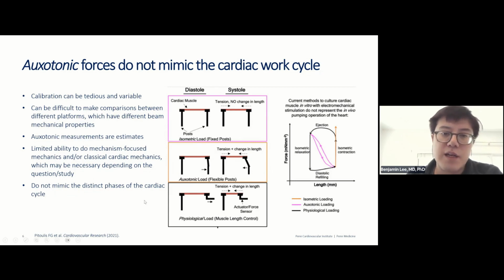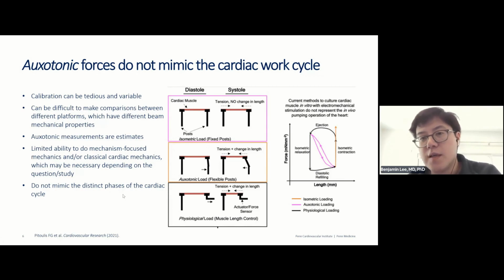And so because of these limitations to auxotonic forces, it's difficult to sometimes do mechanism-focused mechanics or classical cardiac mechanics, and these might be necessary depending on the question that you're trying to study.